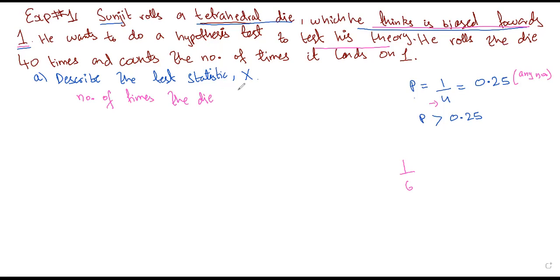Before this example, I told you about the test statistic where I wrote 10 attempts. At that time I just wrote attempts because that would vary from question to question, if you're rolling your die or tossing something. Here he attempted this test 40 times. So the test statistic is the number of times the die shows 1 in 40 rolls.